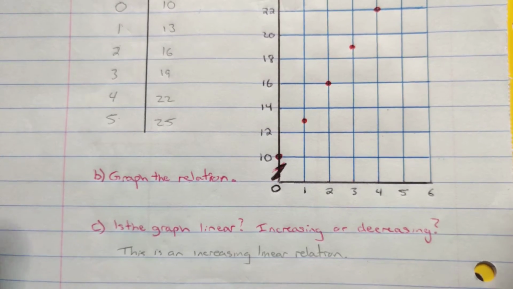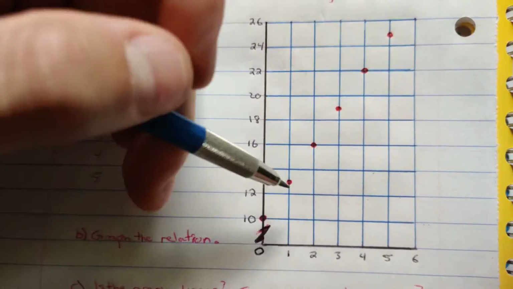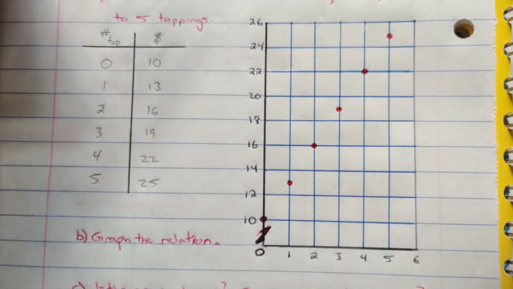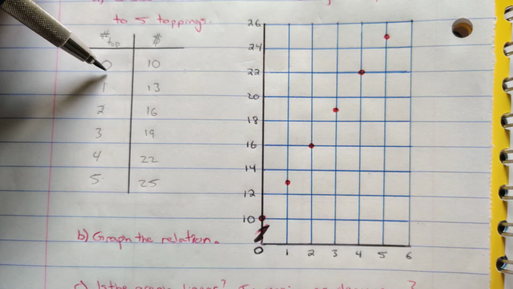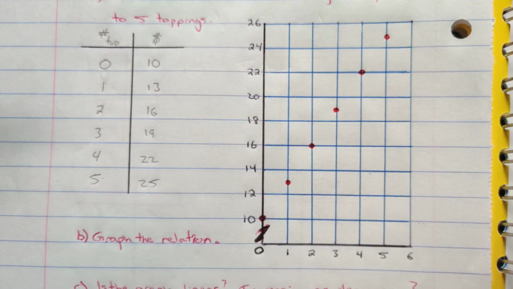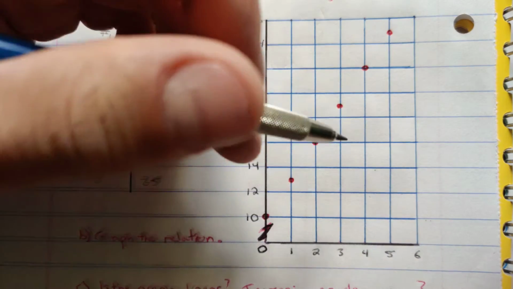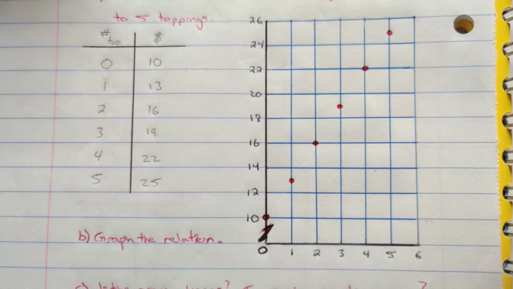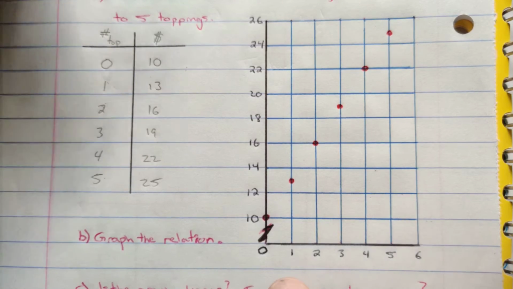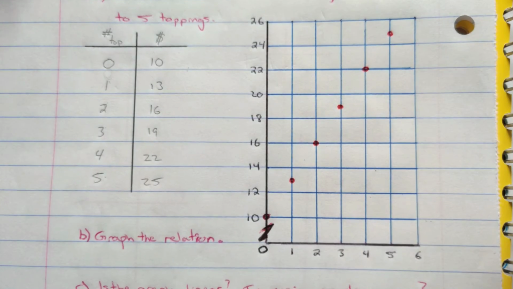Now, I didn't connect the dots, and I want to make a note of that. I didn't connect the dots in this case because it doesn't make sense to. When you're buying toppings, you're not likely to have 0.5 toppings. Or if you do, you cover half the pizza. You're not likely to have 0.01 toppings, so having a little point right here doesn't make any sense.